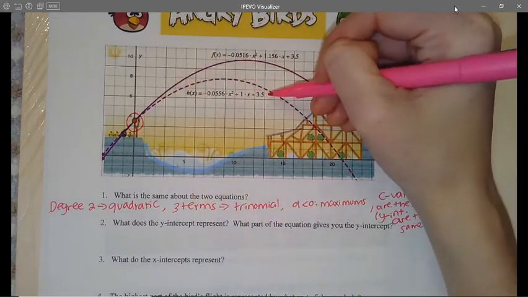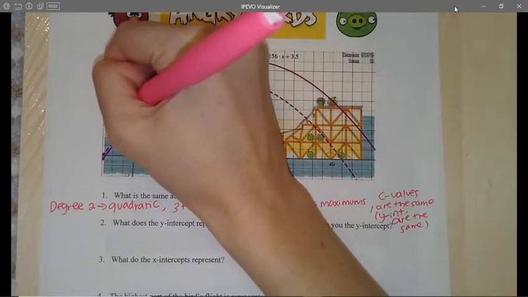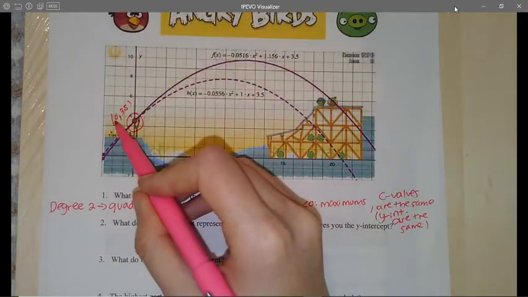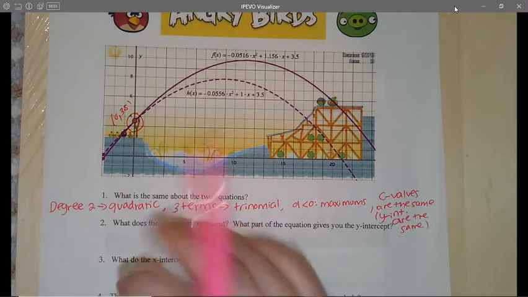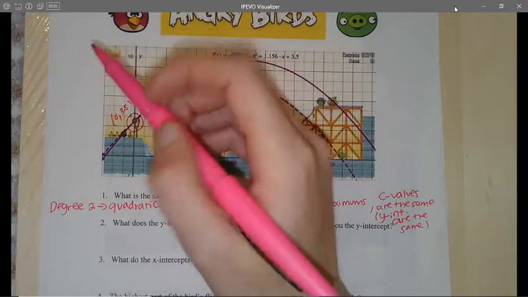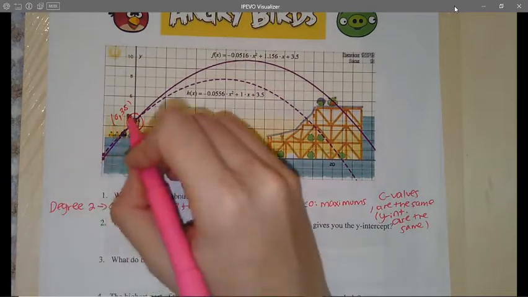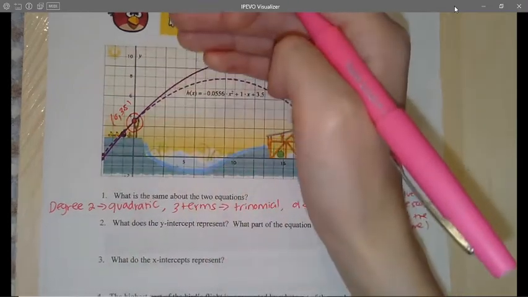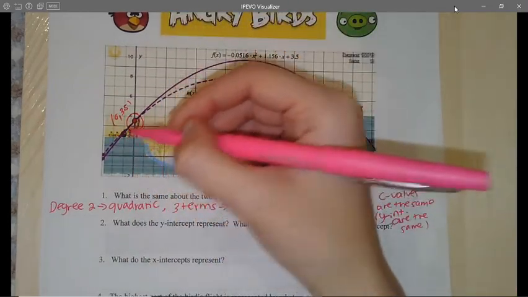We should know because the y-intercept is the c value, so 3.5. So if the x value is 0, how far over have we traveled? We've traveled 0 distance, and we are already starting at 3.5 feet high because y is how high the graph is. So this represents where the bird starts, its start point.